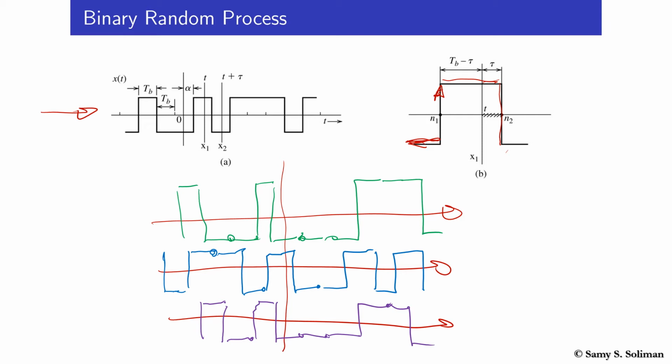The first parameter is an, the amplitudes of the signal, which can alternate between positive A and negative A, or can arbitrarily be either positive A or negative A. And another source of randomness is the starting point of the binary stream, which determines whether the origin falls at the beginning of one bit, at the end of one bit, or within any time instant of TB duration within a bit.